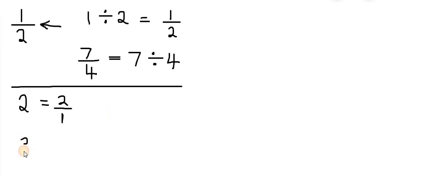Okay, 3 can be described as 3 over 1. 17 can also be described as 17 over 1. Now this is important to note because it will be brought up when you're solving with fractions in different cases. So this is something to remember, okay?